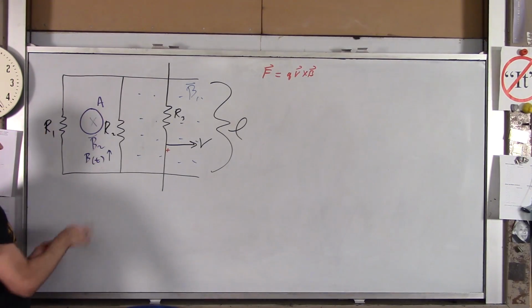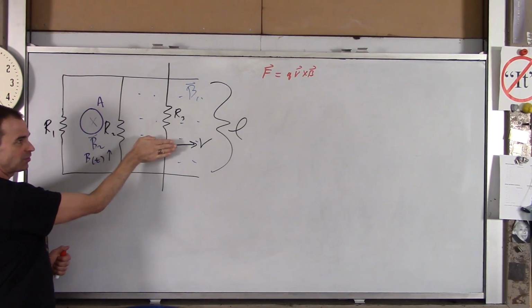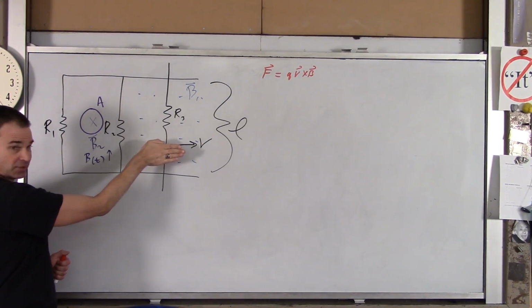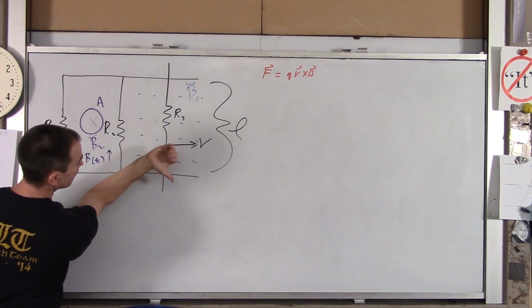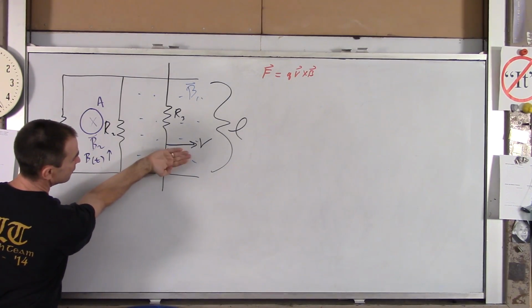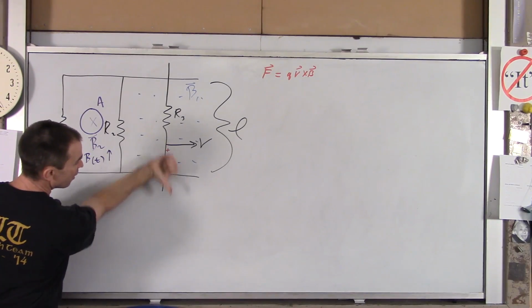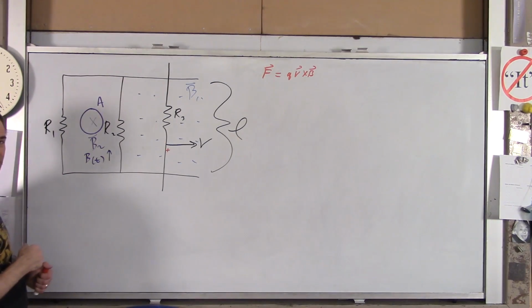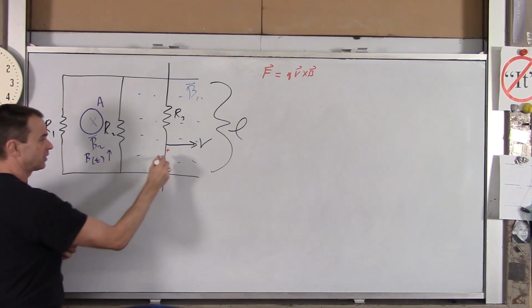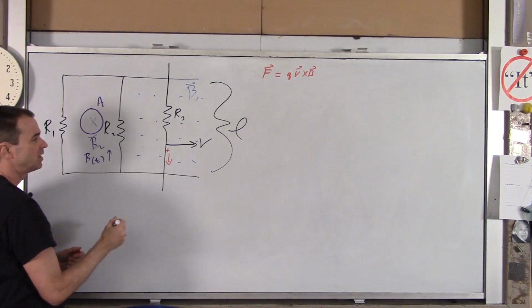The force is Q V cross B. I'm a little positive charge moving to the right, so I use my hand to represent that: my fingers point to the right, and then I curl them in the direction of the magnetic field. My thumb represents the force acting on that positive charge. So that little positive charge is going to get driven down this way.